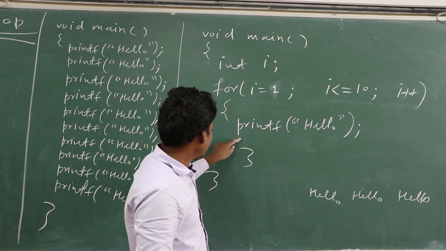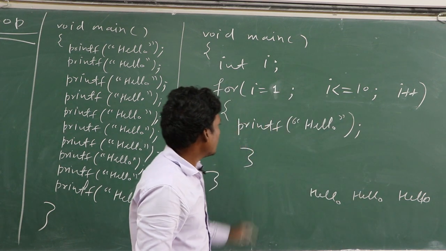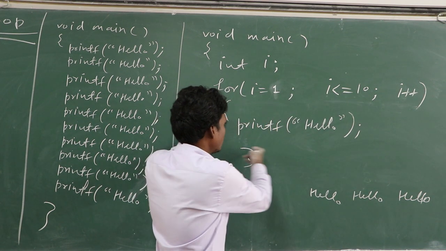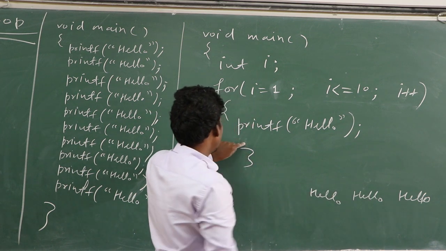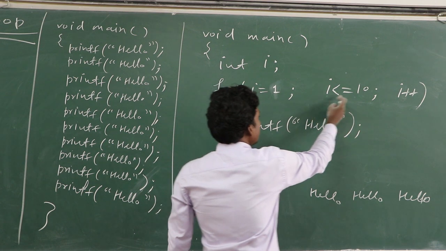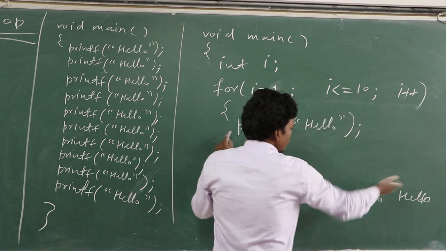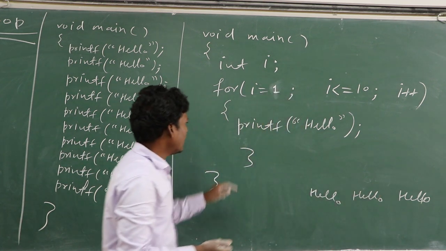Now I becomes 5, 5 is less than or equal to 10, yes, hello will be printed again. I becomes 6. In this way I becomes 10, 10 is less than or equal to 10, yes, hello will be printed. Okay, so 10 times hello will be printed.